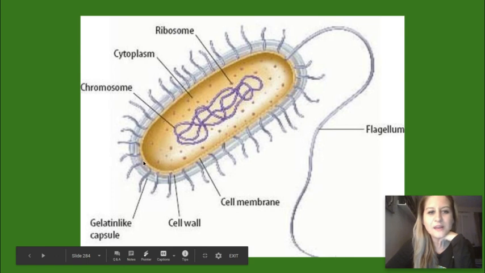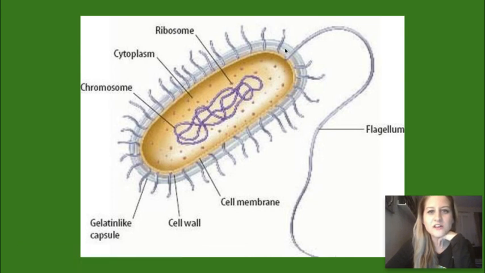So just like plant cells, bacteria cells have a cell wall as a tough, rigid exterior coating that protects the cell. They also have a cell membrane. It's just one more layer in. It's softer. It's not as rigid as the cell wall. So those are some similarities to eukaryotic cells.